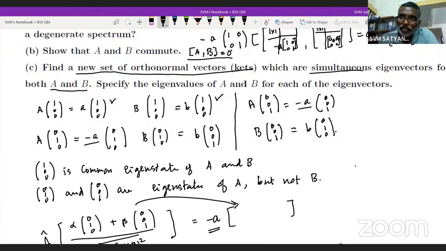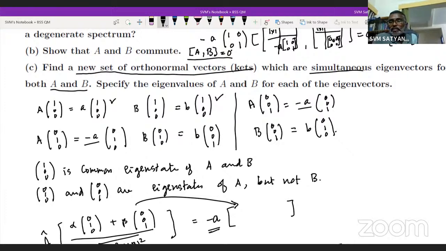This is basically B times the Pauli matrix sigma x. So sigma x is just (1, 1; 1, minus 1), or minus 1, 1. So you have to only diagonalize a sub-block matrix in this case. That will give you the other two vectors, which are common eigenvectors of A and B, or simultaneous eigenvectors of both A and B.